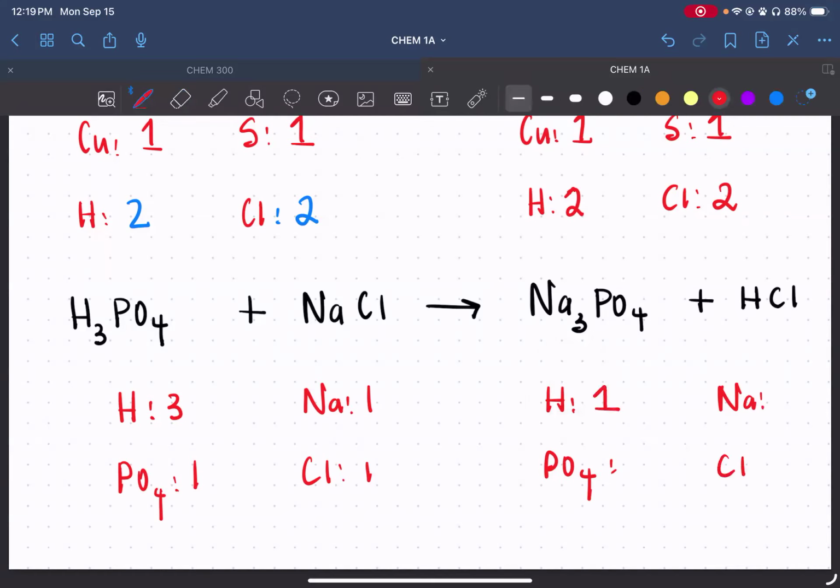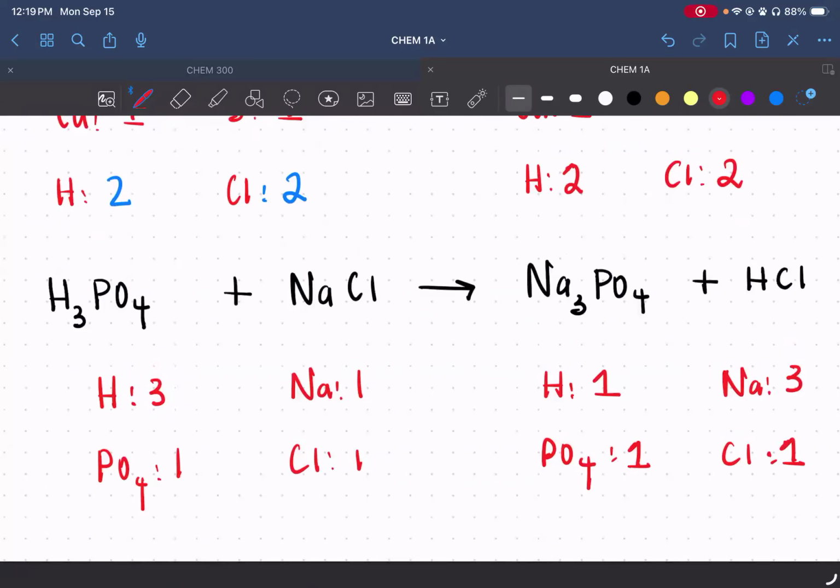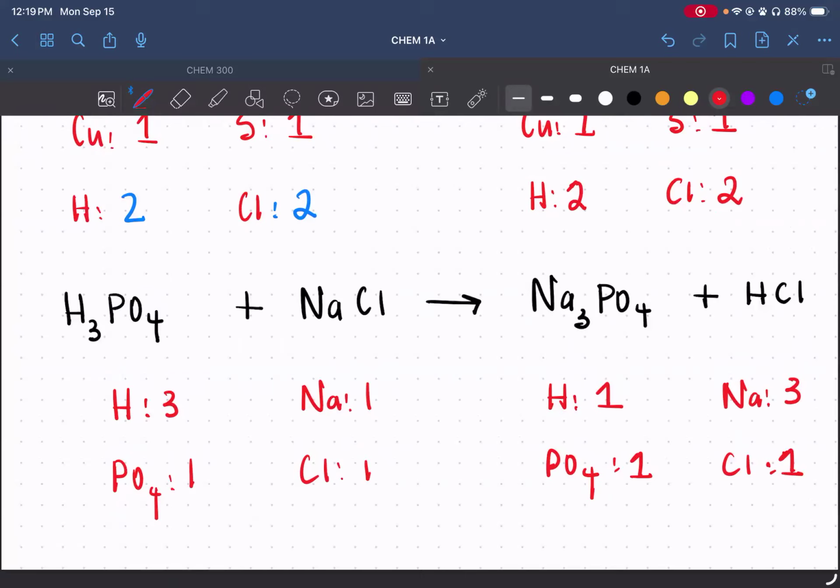There is 1 hydrogen, 1 PO4, 3 sodiums, and currently 1 chlorine. So in the beginning, I do recommend you take the effort to write them out like this, that way you're more clearly able to see how much of each there are.